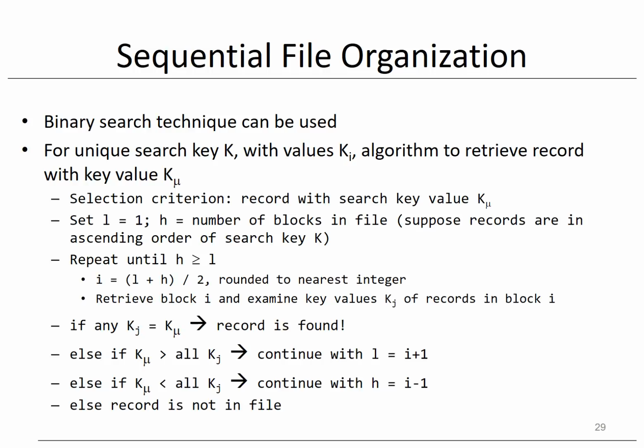Retrieve block I and determine the key values kj of the records in block I. If any kj equals k mu, the record is found. Else, if k mu is bigger than all kj, continue with L equals I plus 1. Else, if k mu is strictly less than all kj, continue with H equals I minus 1. Else, the record is not in the file.